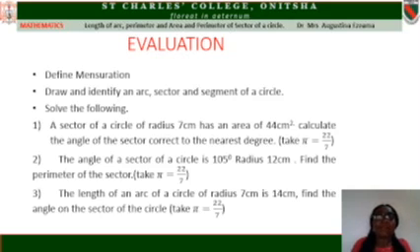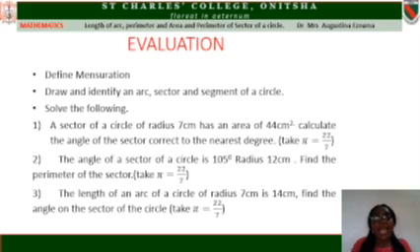After that, you will begin to solve problems involving length of an arc, area of a sector, and area of a segment.